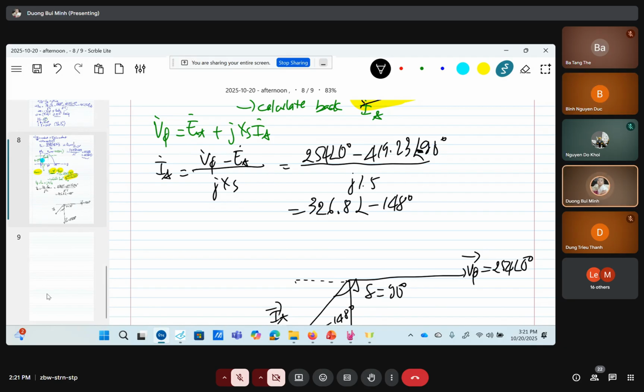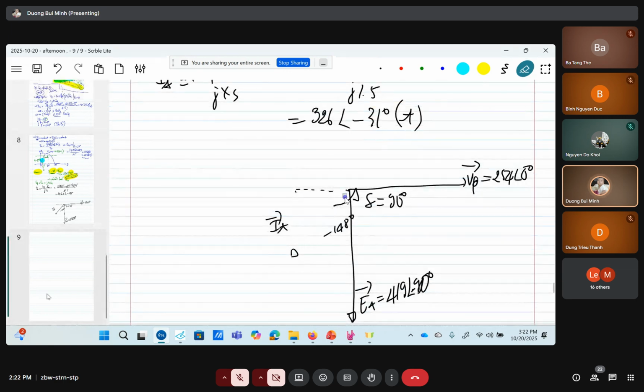So here you get the amplitude 326 with minus 31 degrees. I have a problem here, but my step is okay, so that gets deleted.